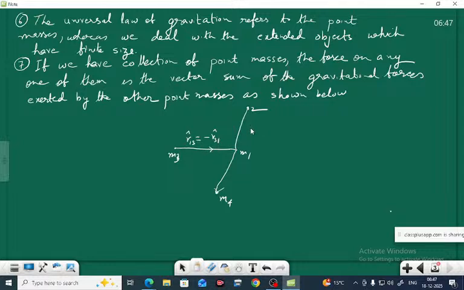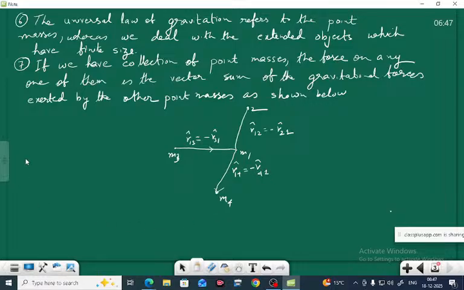And R unit vector 1 on 2 is equal to minus R unit vector 2 on 1. And here it can also be written as R14, written as R unit vector 4 on 1, but this will be minus.